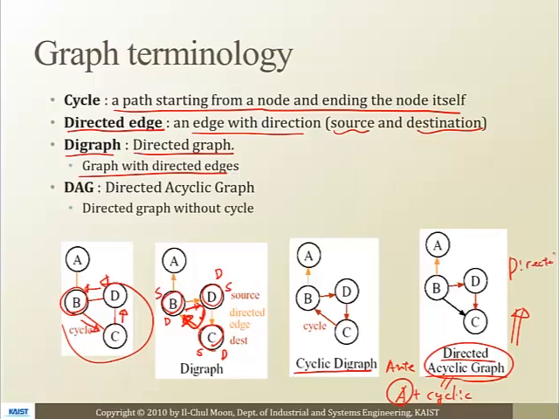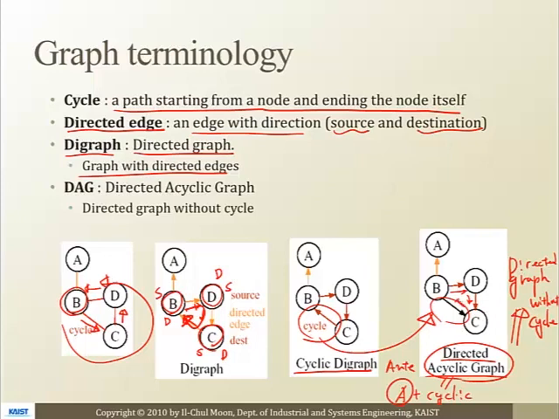So a directed acyclic graph is a directed graph without cycle. So here this edge is converted to have this direction. It means that we can go B to D, D to C, but I cannot flow from C to B because the direction is not right. There is no cycle here anymore.